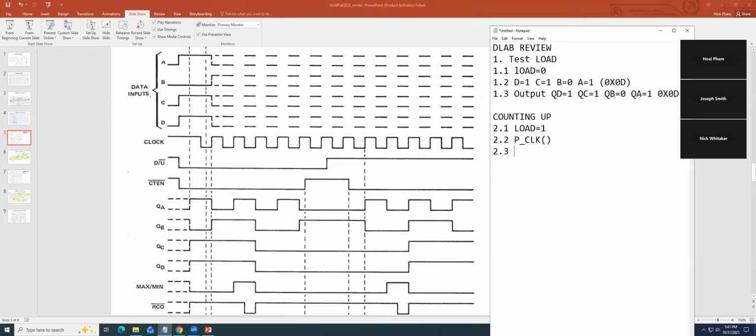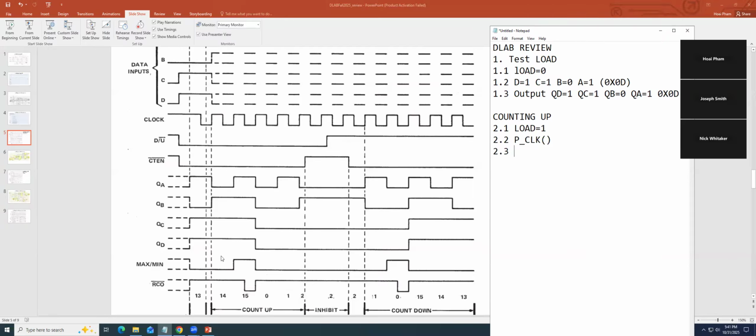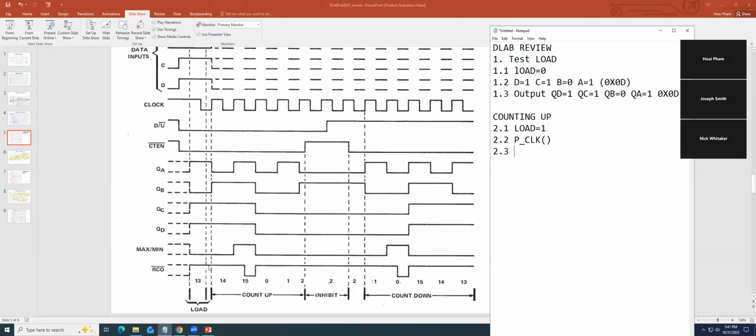2.3. Now, you try to see on that one. Before you apply the clock, what is the output counter? The counter after you loading, they number 13, correct? Right. So before you apply the clock, start counting, they go to 14.